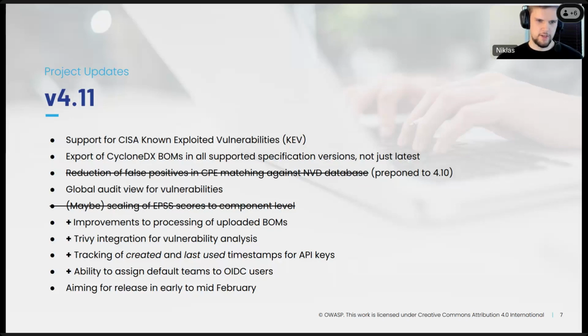We are also still planning on including the global audit views, and we will not include the EPSS scaling in 4.11 just for time reasons, to be completely transparent. But we have additional things that will be in 4.11, most of them because they have been contributed to us by the community, so we could accept them on the fly, so to speak.